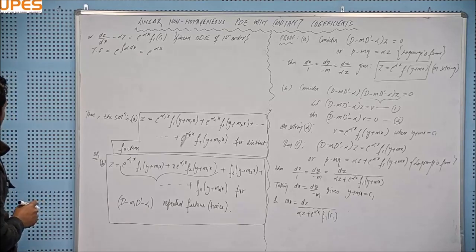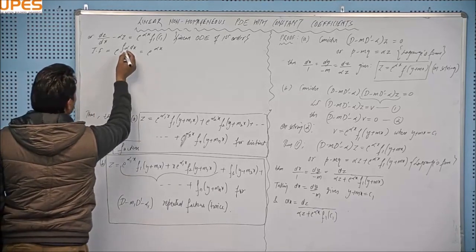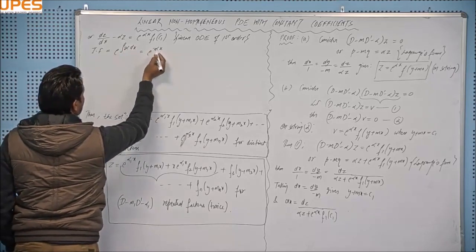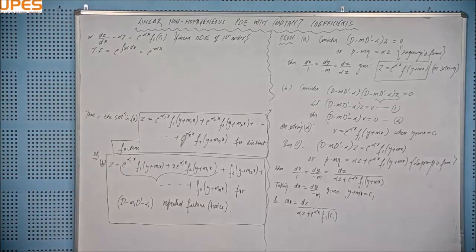It should be minus alpha, minus alpha x, that will be appearing inside the integral. Okay, that's fine.